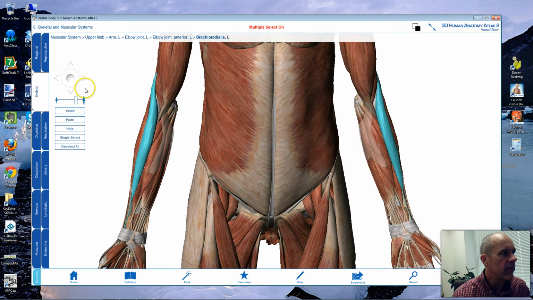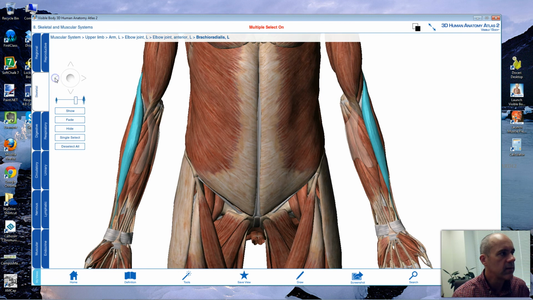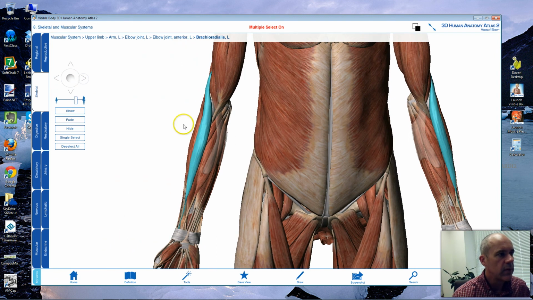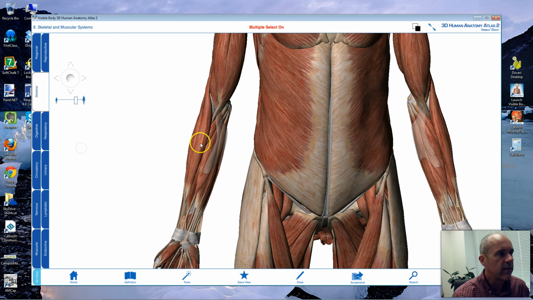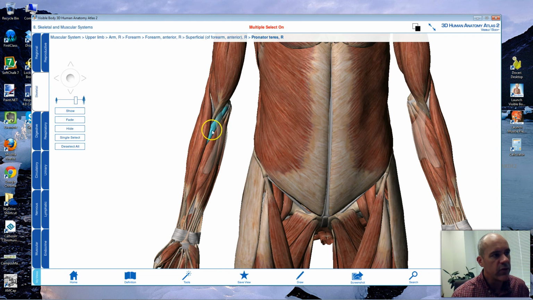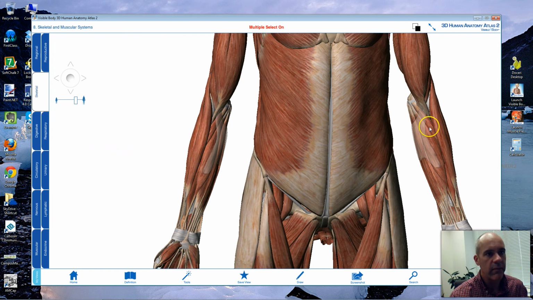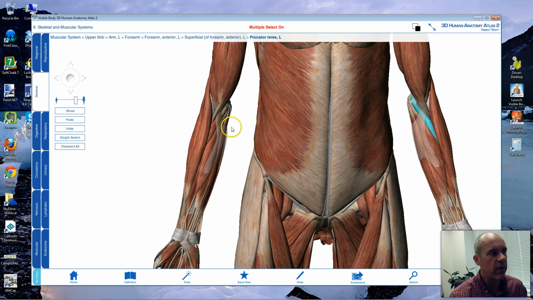So if you can find your brachioradialis muscle, and then that one right there that's making that crisscross, you deselect all and re-highlight it. That's your pronator teres muscle. That's responsible for pronation of the forearm. So it forms a crisscross with the brachioradialis. That's a good way to find that one. And there's your pronator teres over on the left-hand side.